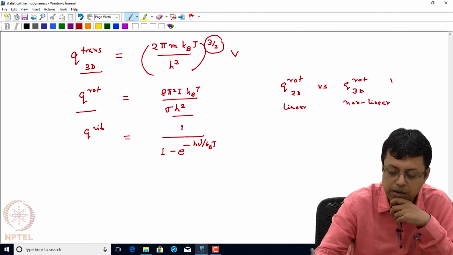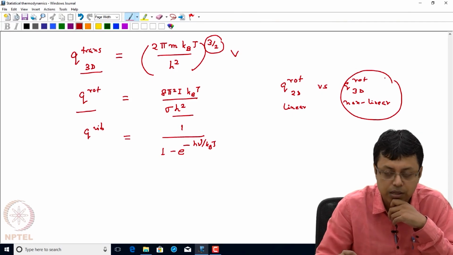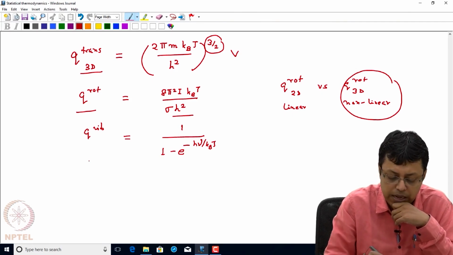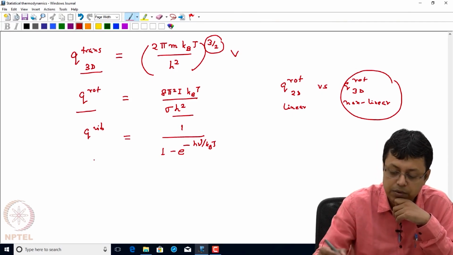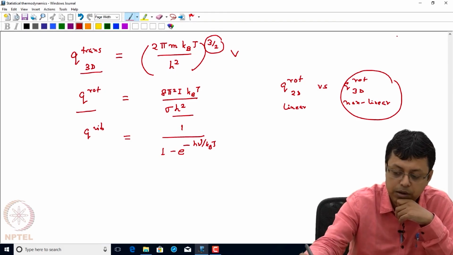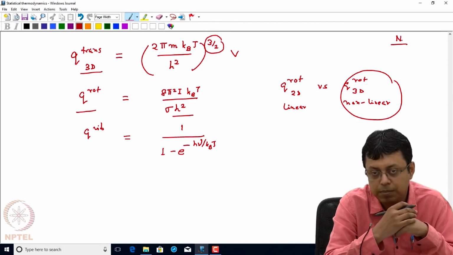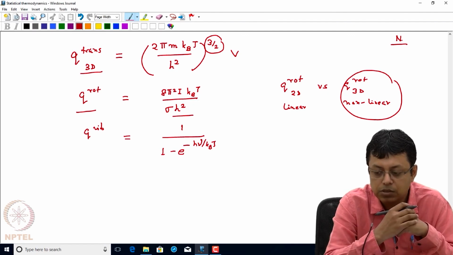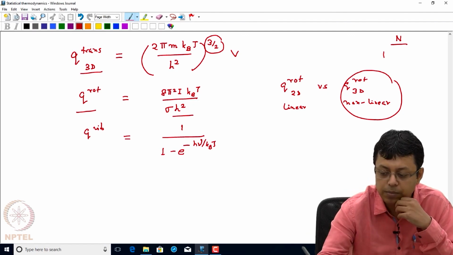So you'll be asked to calculate the 3D rotational partition function, and then you have vibration. But for vibration, suppose my system is an n-particle system, where each molecule has n atoms. Then the degrees of freedom will be 3n.